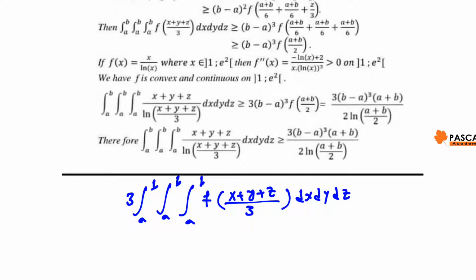If we rewrite the given integral, it's going to be 3 times, and to convert it into the form of f((x + y + z)/3), we have to multiply and divide the numerator by 3. That's why we have 3(b − a)³ f((a + b)/2), which is 3(b − a)³ times (a + b)/2 times ln((a + b)/2).